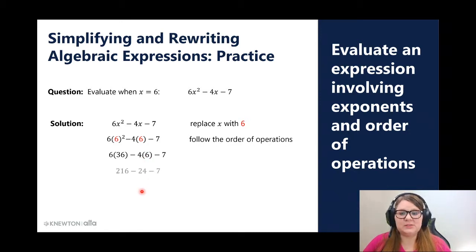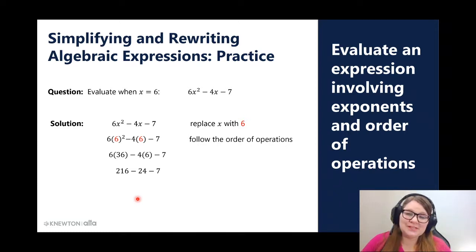6 times 36 is 216, and 4 times 6 is 24. Notice again that I am carrying down everything, even if I'm not actively working with it. I want to carry everything down from line to line because you'll notice that this is a minus sign right here, and sometimes when you carry it down, you'll forget that the minus is there. Now we're on to our last part, which is addition and subtraction.